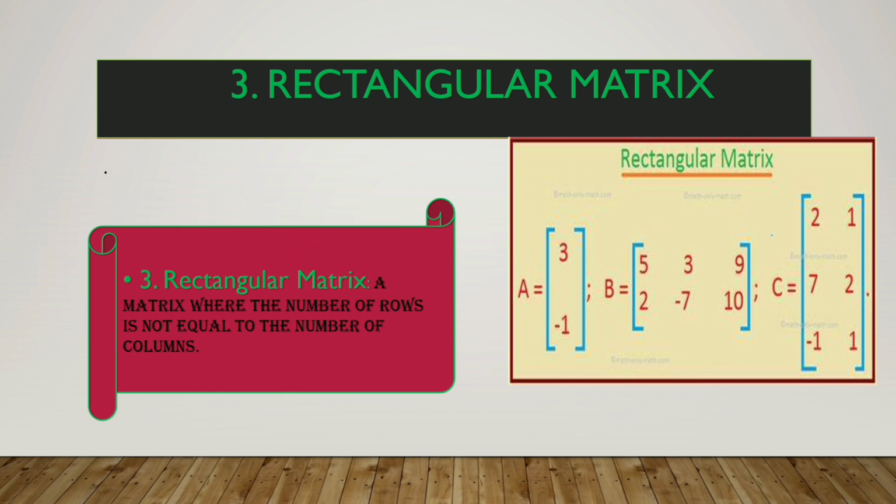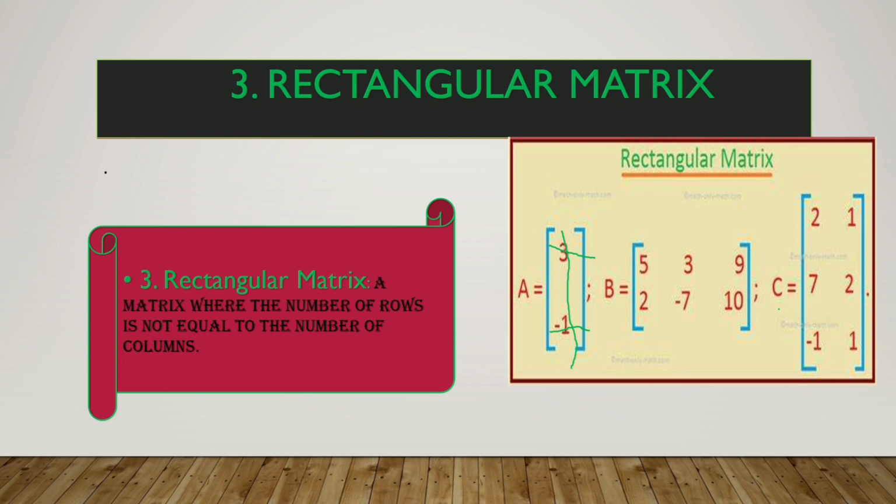Reka tubirebe aha. So nkuko mubibona aha ngaha urabona ko iyi ifite row imwe ariko ikagira column ebyiri. Iyi ubwo ni rectangular matrices.